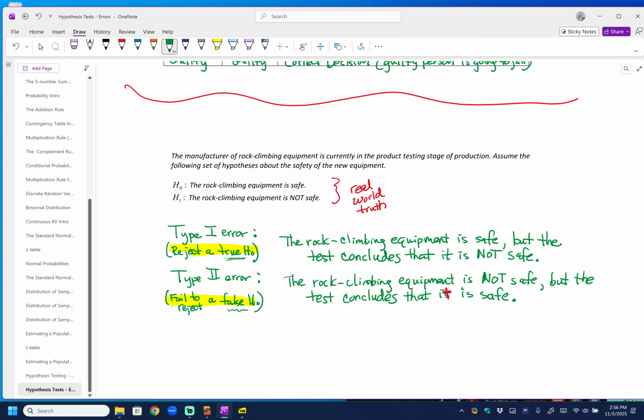And if the rock climbing equipment is not safe in the real world, you're actually selling faulty equipment that's going to be used on the side of a mountain. So this could result in injury or even worse, which means this, as much as I feel bad for the company losing money, this is definitely going to be the one, very clearly, that's going to be at a lower probability.